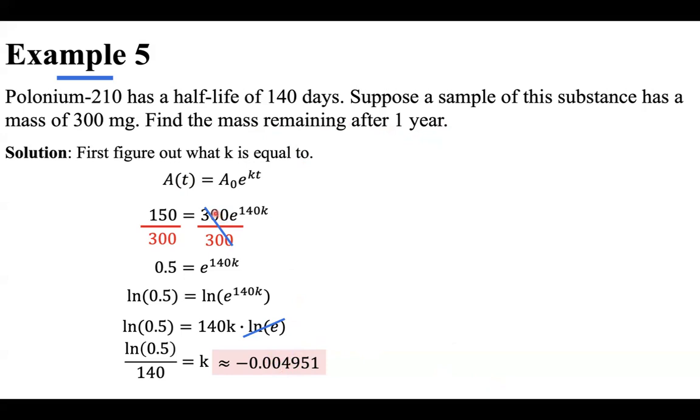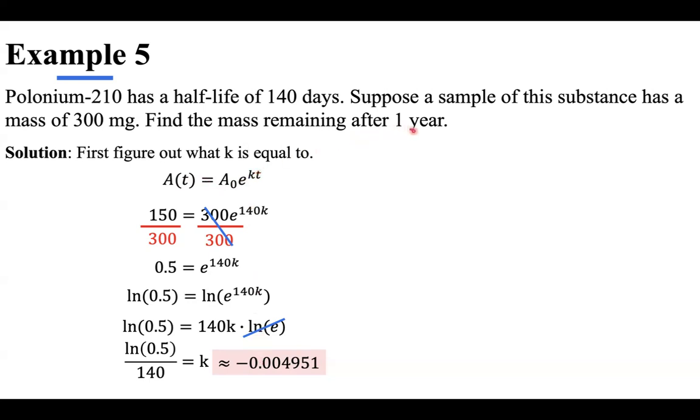That's the initial amount. The k we know, the t we don't know, right? But we know the final amount that we want. The final is what we want to figure out after 1 year, or 365 days. So you have A of 365 equal to 300 e to the k, the value we came up with, times t.